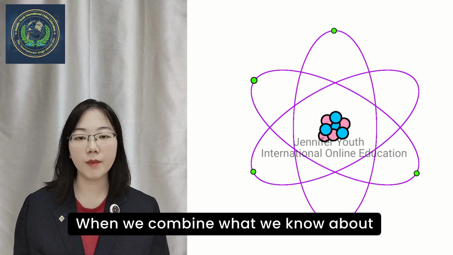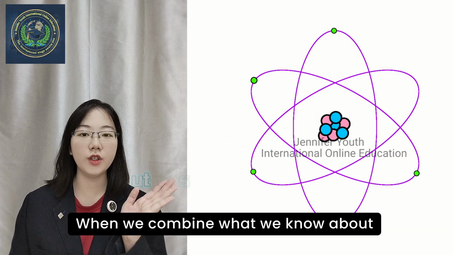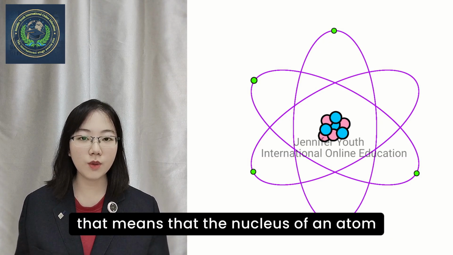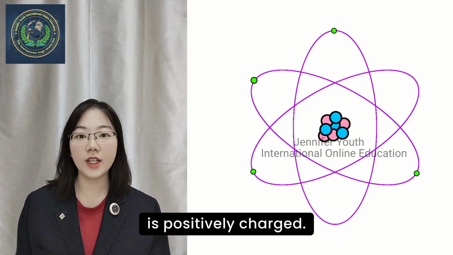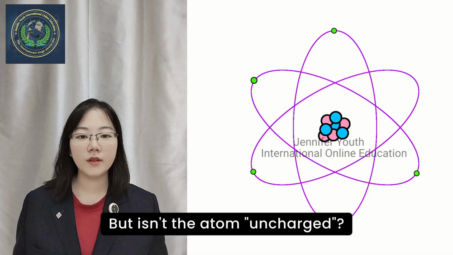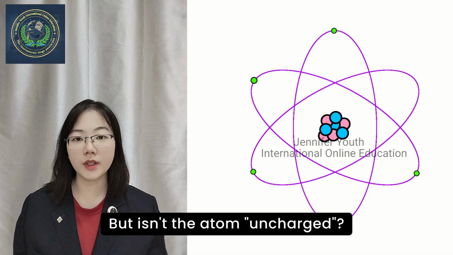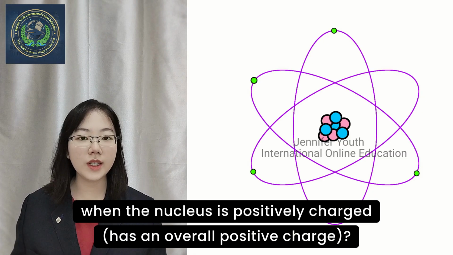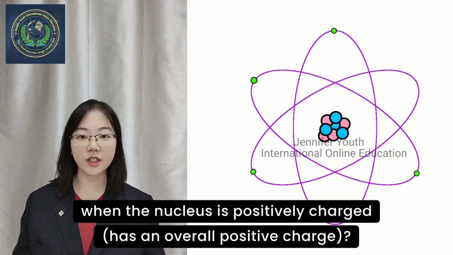When we combine what we know about neutrons and protons, that means that the nucleus of an atom is positively charged. But isn't the atom uncharged? How is that possible when the nucleus is positively charged?